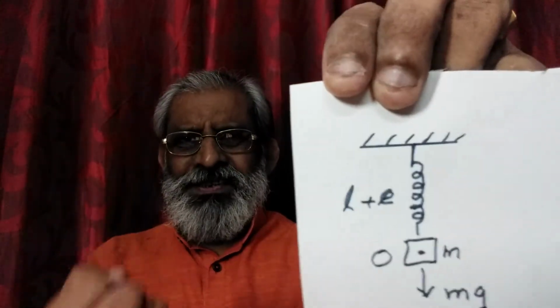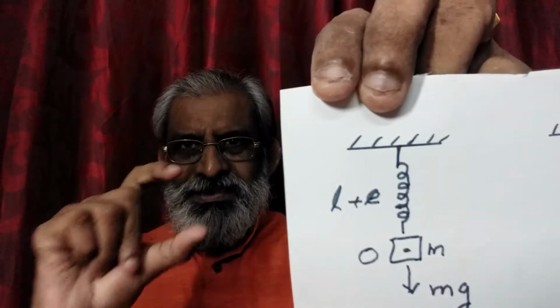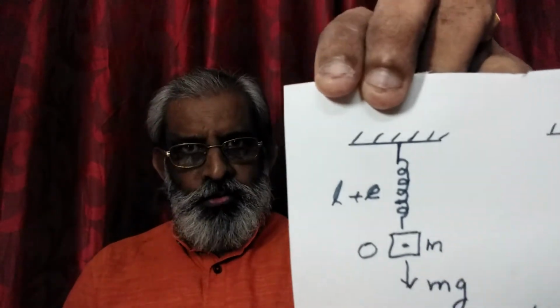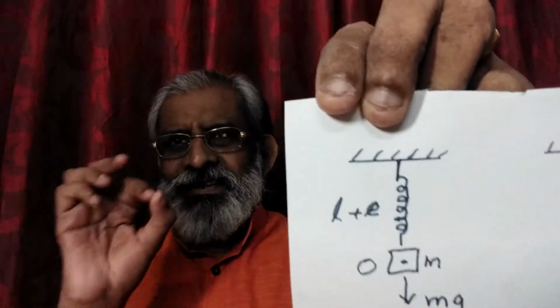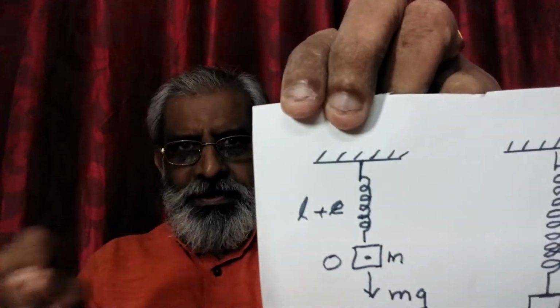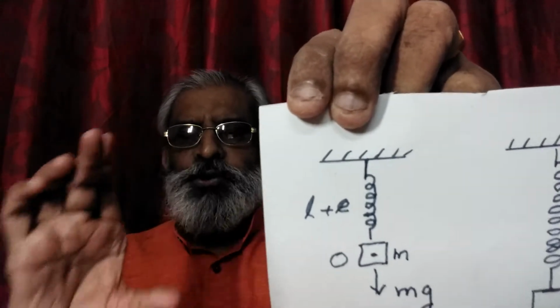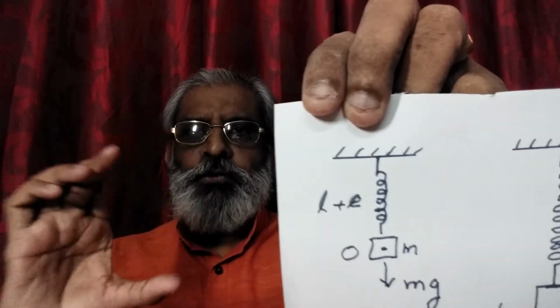Initially it extends the spring by a certain amount. We call it static extension, small e, and it comes to a static state or equilibrium state.